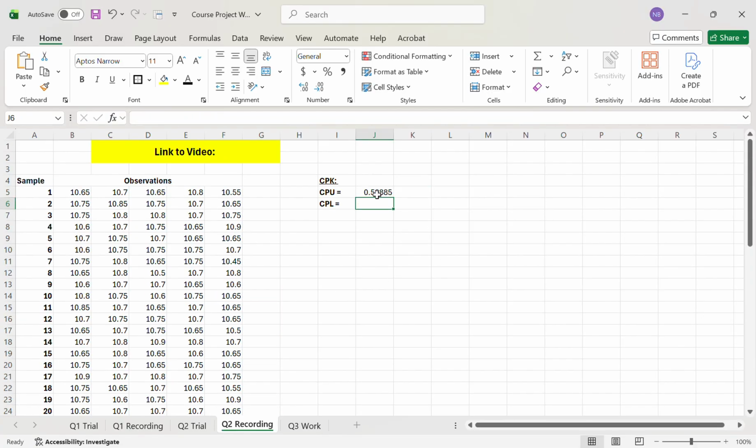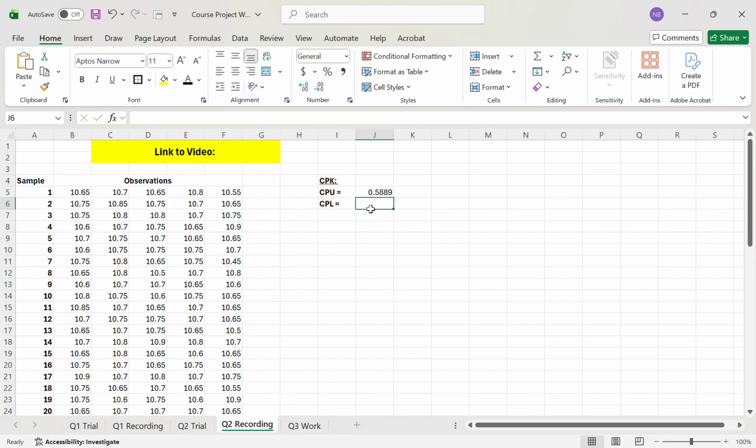And we're going to get 0.58885, which we can lower a decimal point here. We're also going to find the CPL, which is, to find the CPL, the formula is the mean minus the lower specification limit divided by 3 times the standard deviation.